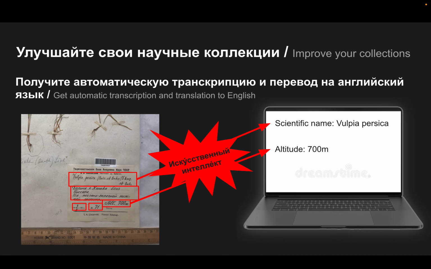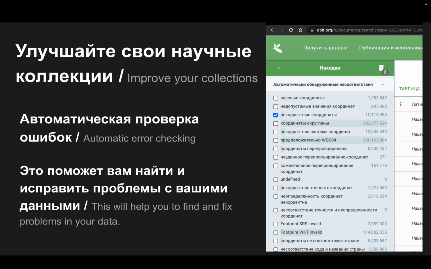Additionally, when you publish your data, you will be improving your collections. In fact, you can get automatic transcription of your herbarium specimen labels, so you don't have to type that out. And these can be translated automatically into English through the data publication process. Once your data is published, you can get your data automatically checked through the standard GBIF data quality checks.